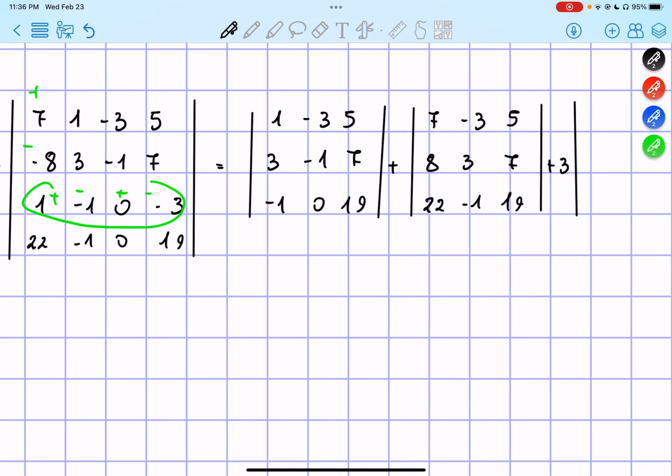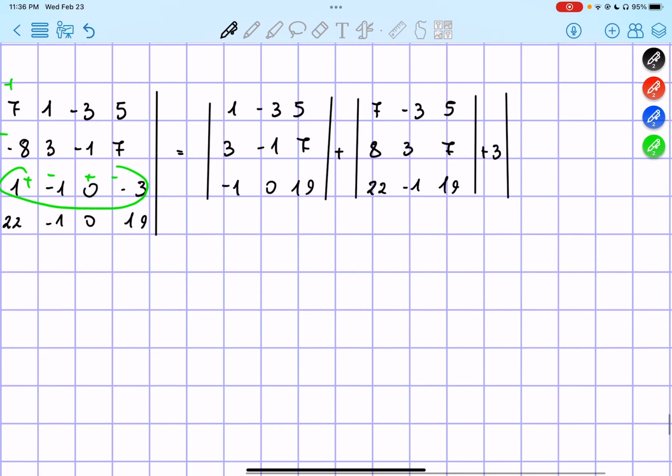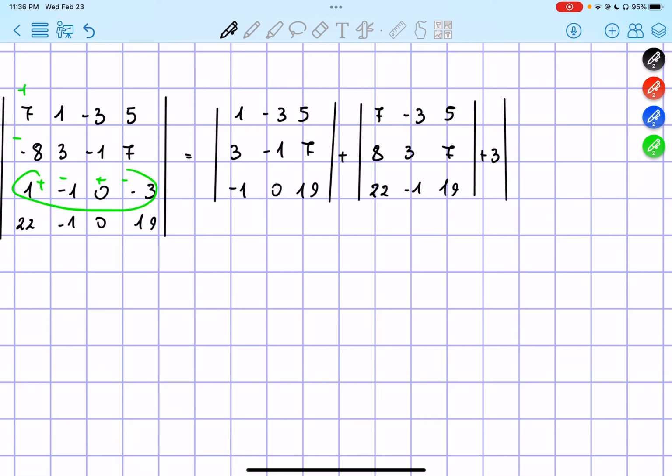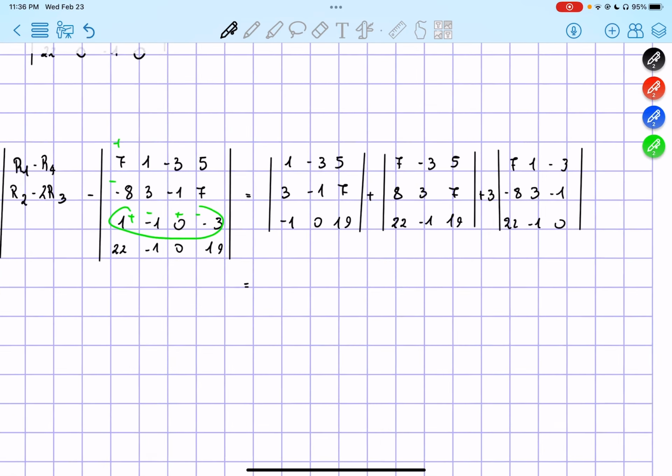And that is going to equal 7, 1, -3, -8, 3, -1, 22, -1, 0. Okay, so it equals, wow, it's gonna be a long one.